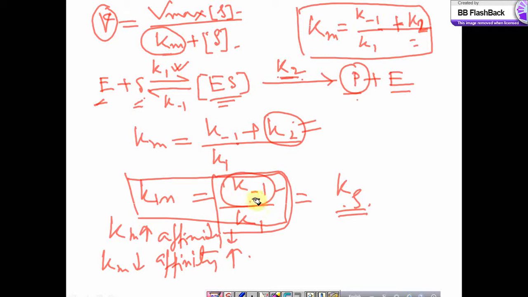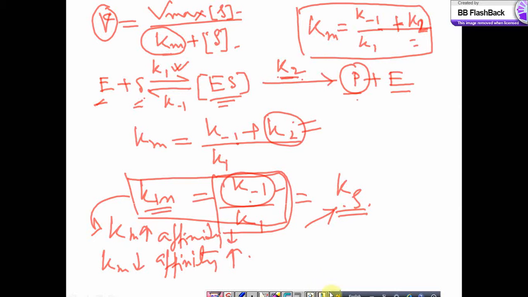The increase of k minus 1 also increases the value of Km, which is why an increased Km shows a lesser affinity for the substrate, and a decreased Km value shows an increased affinity for the substrate. At the same time, we can understand what this dissociation constant is.